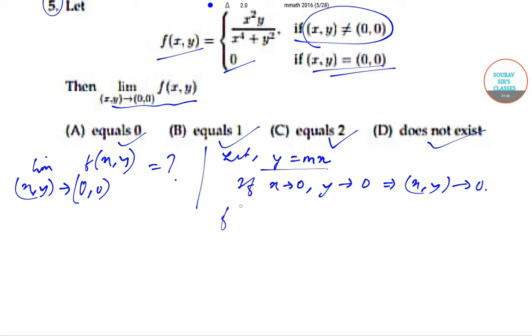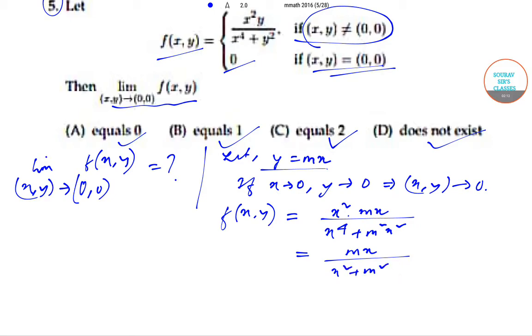So in this case f(x,y) can be written as x squared, y can be written as mx, over x to the power 4 and y squared, m squared x squared. So this will ultimately come down to mx over x squared plus m squared, and f(x,y) will turn into f of x.